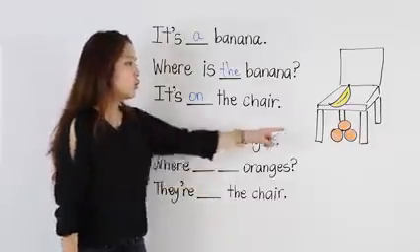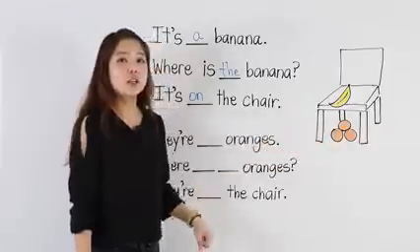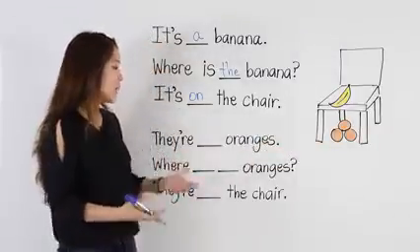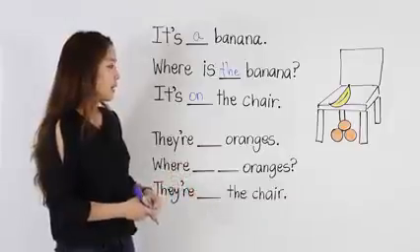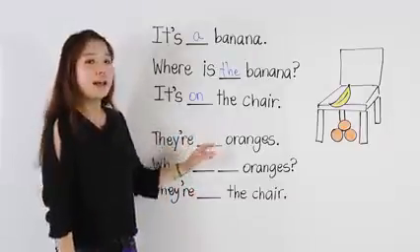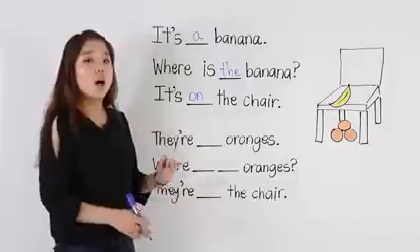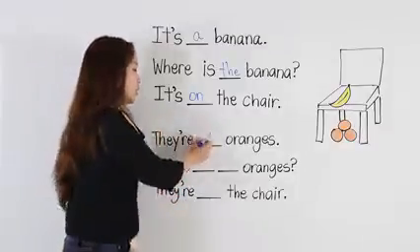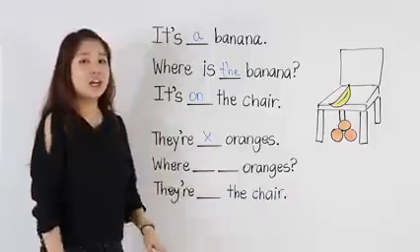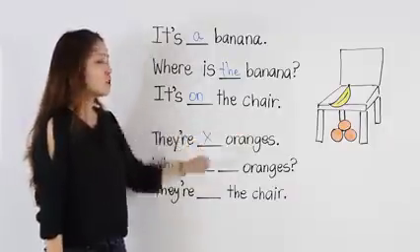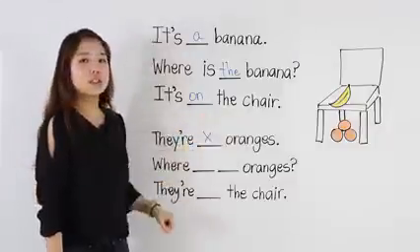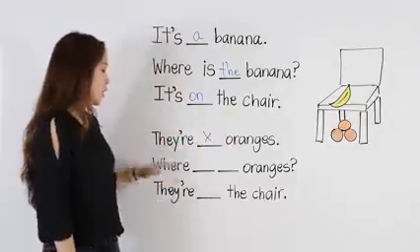No, you don't know what oranges I'm talking about because it's the first time I said anything about them. Then, can I use a or an? No, a or an is used for any one thing. So here, we do not need any article. They're oranges. What are they? They're oranges.